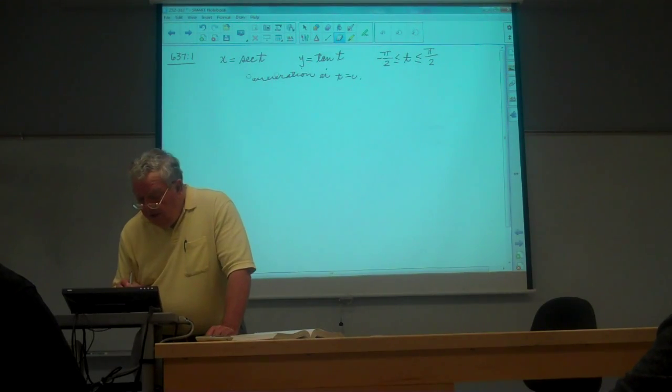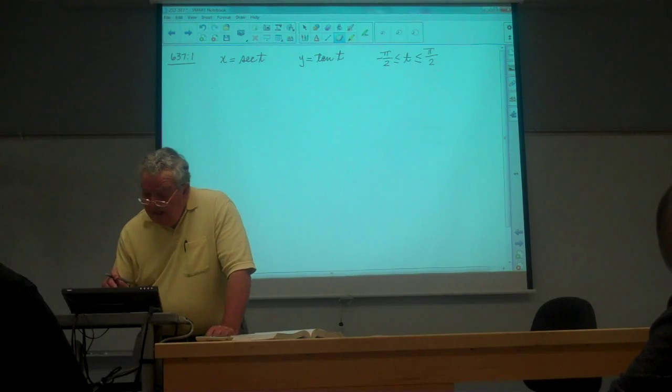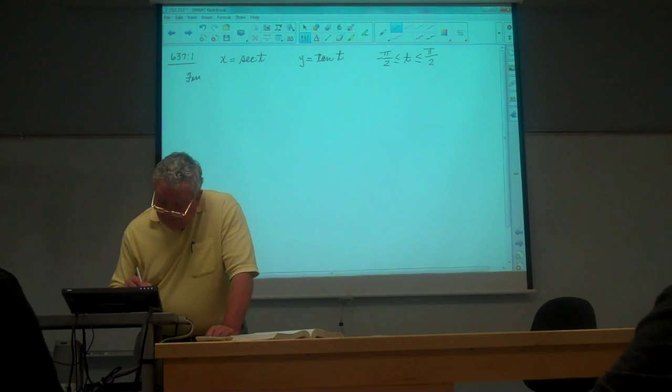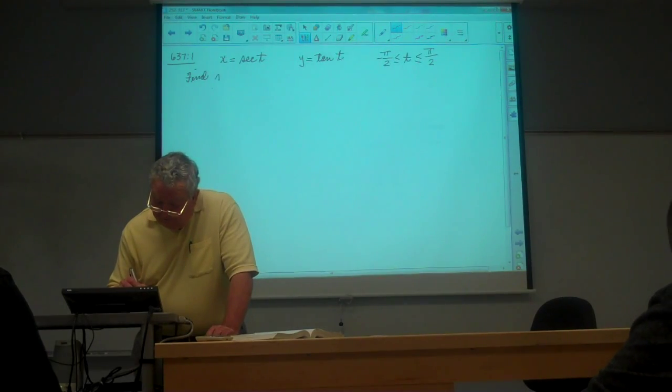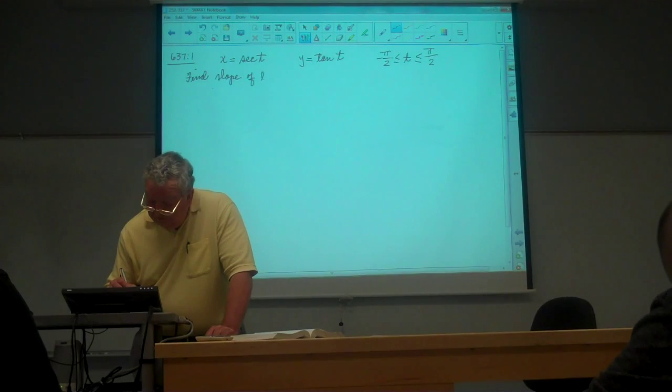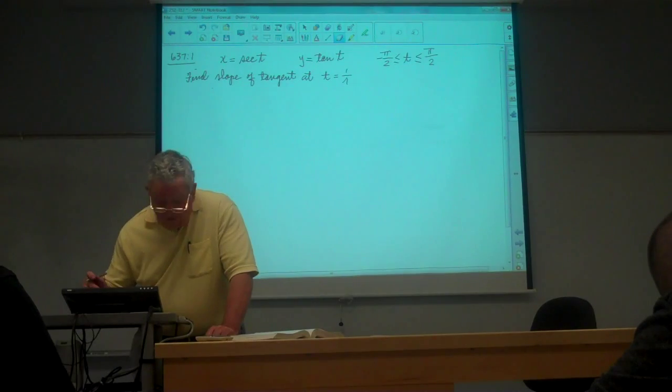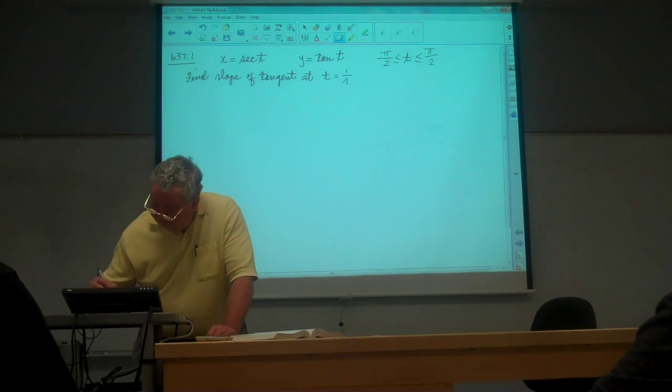So I'm going to stick with the problem in the book for one time. So I want to find the slope of the tangent at t equal pi over 4.